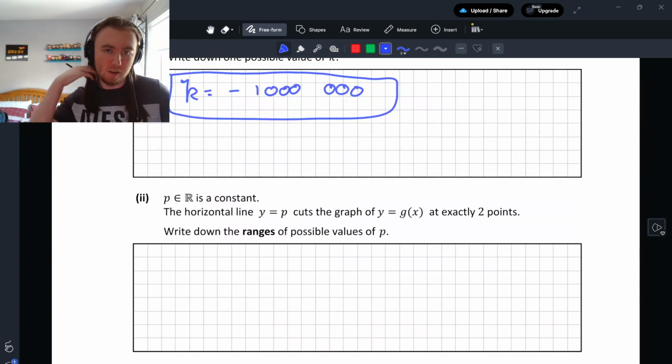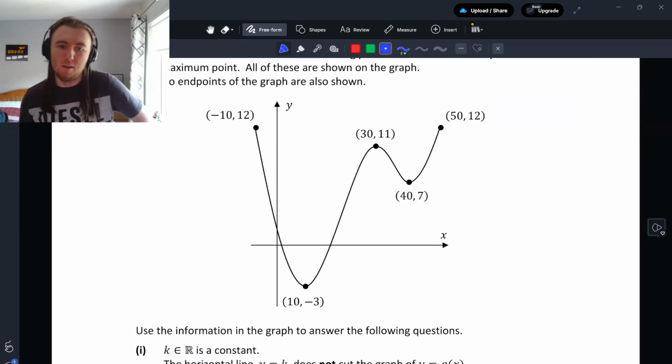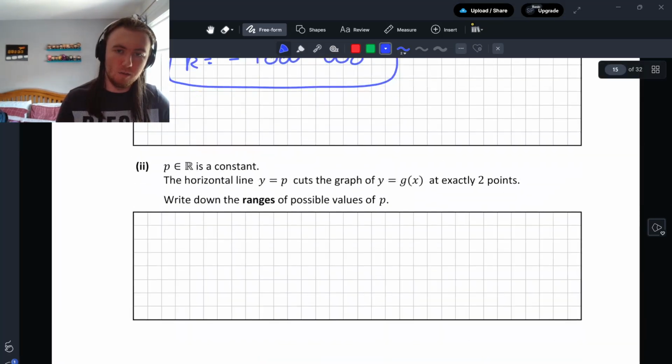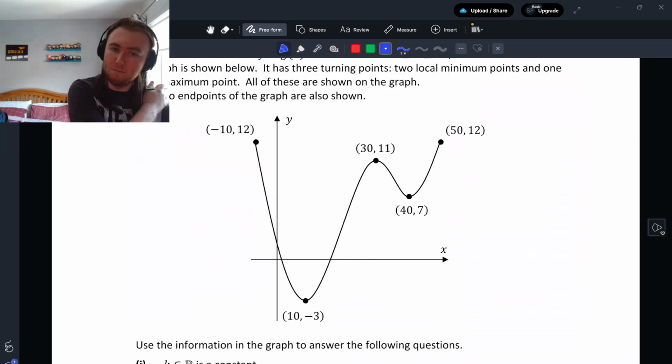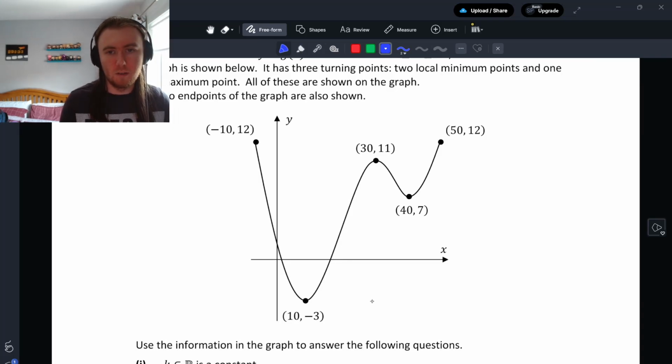p is a real number and is a constant. The horizontal line y equal to p cuts the graph at exactly 2 points. Write down the range of possible values of p. Okay, so horizontal line. So from -3 up to 7, non-inclusive, obviously cuts that at 1 and cuts that at 3.